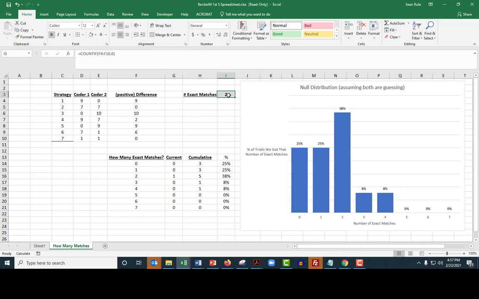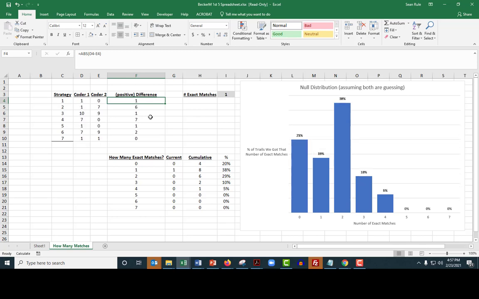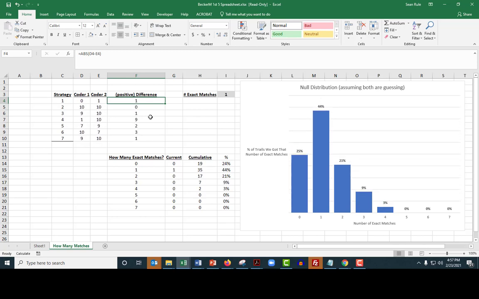And what I'm doing over here is I'm counting that. I'm counting how many times I see a 0 show up here. I did call it a positive difference. I took the absolute value and just looked at the positive difference because I'm just trying to identify where 0 is.